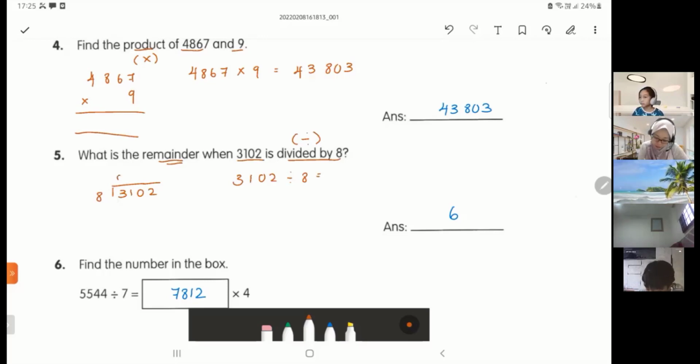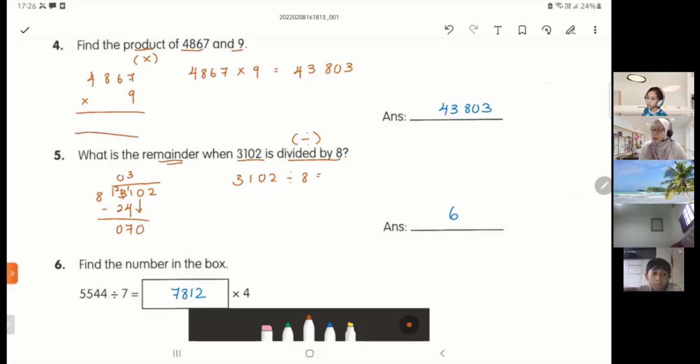Cannot. Look at 31. Can 31 be divided by 8? The nearest will be 24, right? So it's 31 minus 24 will be 7. And then here becomes 2, here's 0 already. Good. Now we bring down the 0.